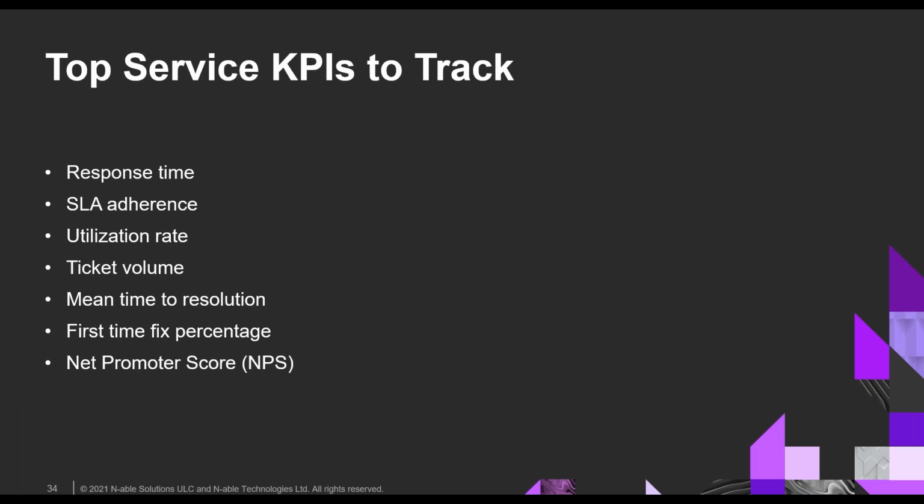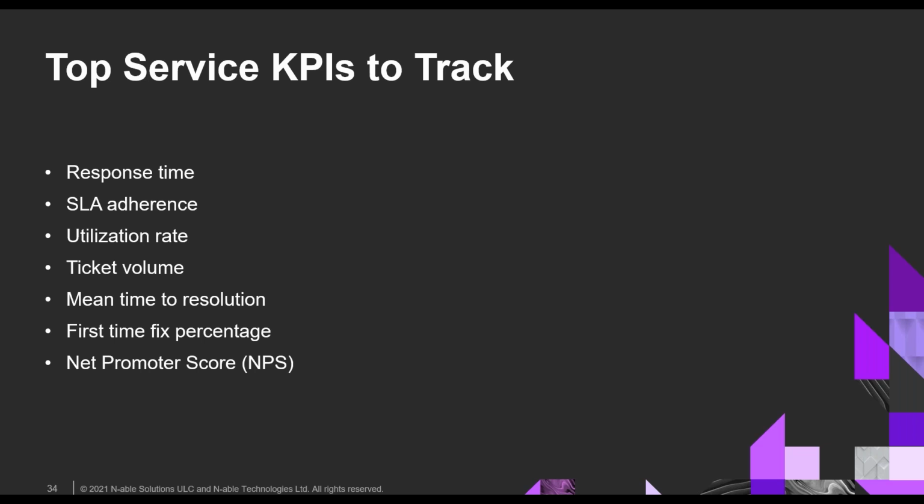And the 7 that we like to start off with, because they are the biggest indicators of efficiency, at least in Dave Wilkeson, the author of this PowerPoint's mind, and I tend to agree, are response time, SLA adherence, utilization rate, ticket volume, mean time to resolution, first time fix percentage, and net promoter score.